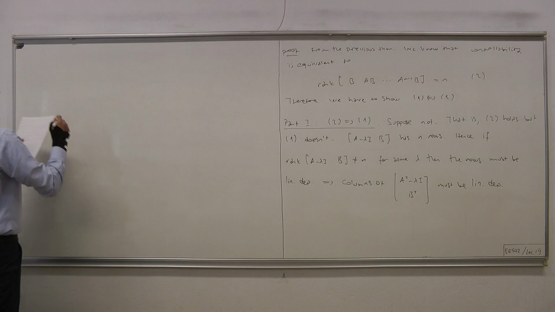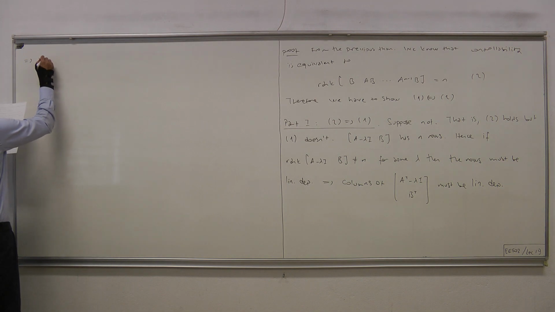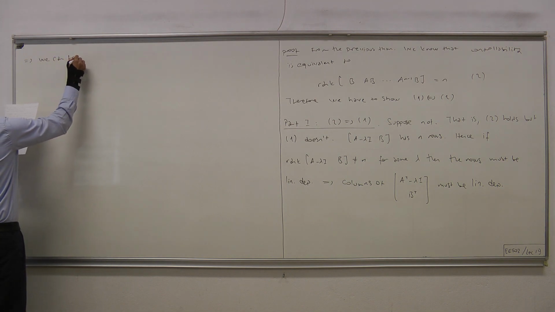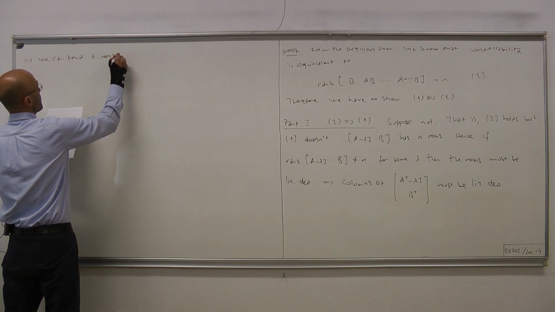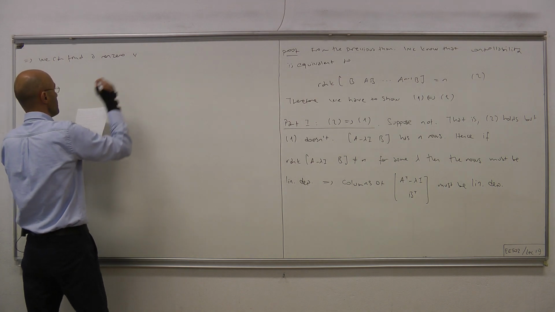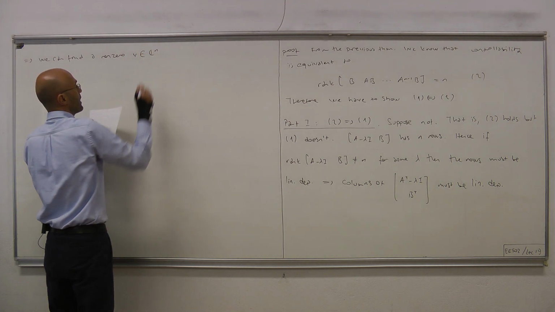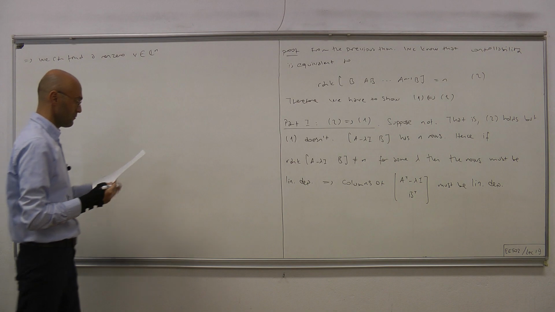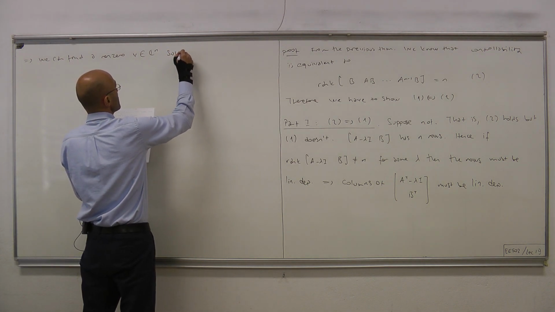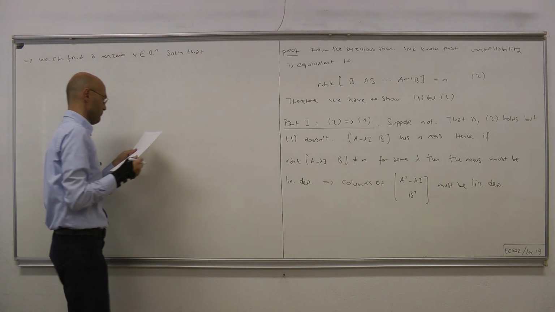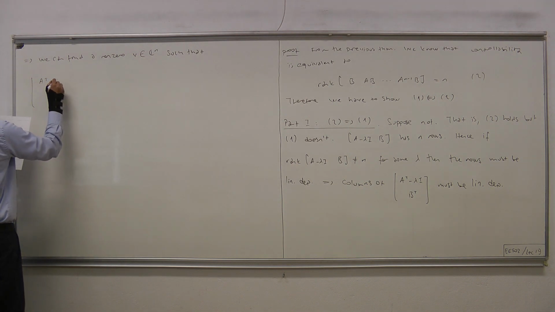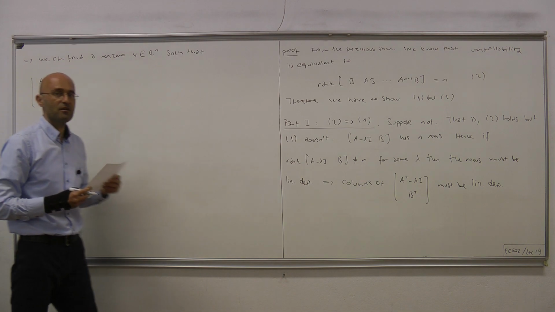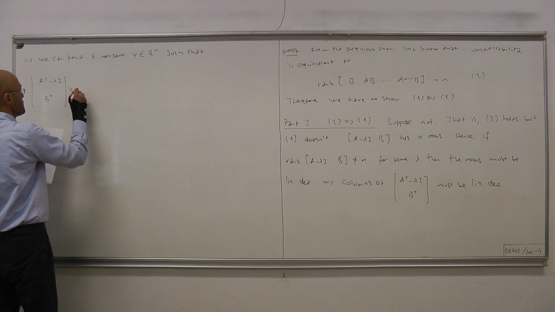In other words, we can find a non-zero vector V in Cn such that A transpose minus lambda I, B transpose, times that vector V produces 0.